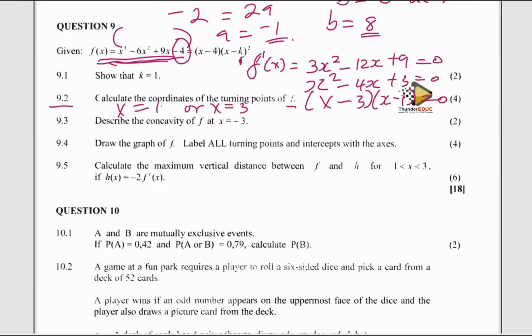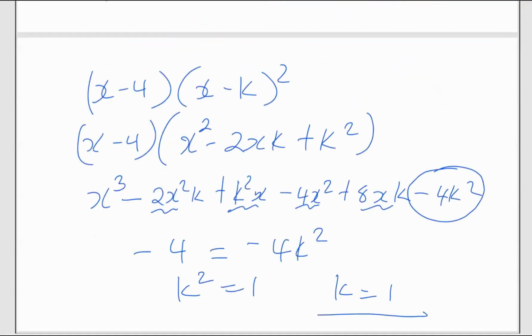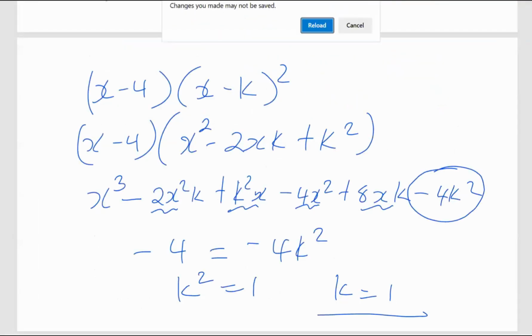But then that is not the answer because we want the coordinates. So we need to substitute these ones back into the original equation. Okay, so let me just create some space here. So we're saying if our x is a 1, we're going to get a value of 0 as our y.